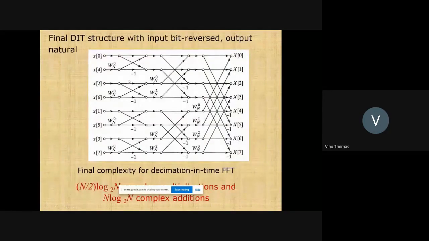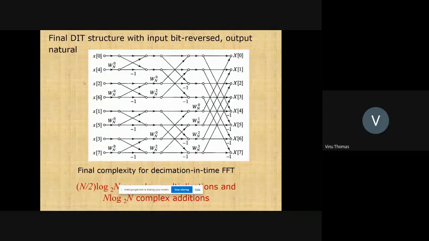One way to answer this question would be to write down the input sequence here. From the question, what is x of 0? x of 0 is equal to 1. What is x of 4? Minus 1.